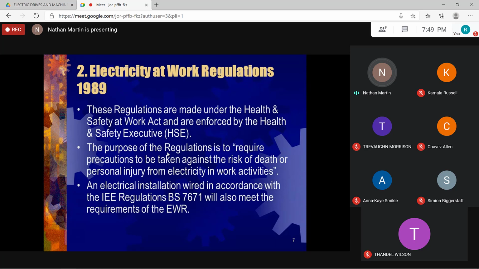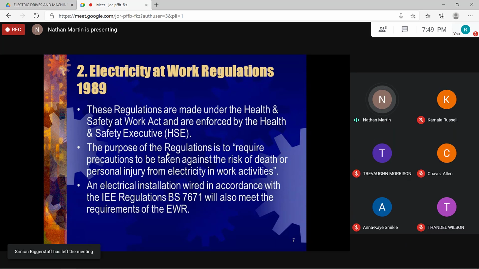In bullet 2, it says this act or regulation requires precautions to be taken against the risk of death or personal injury from electricity in work activities. Whether you are doing the activity or the person who engaged you, it forces them to take certain precautions.